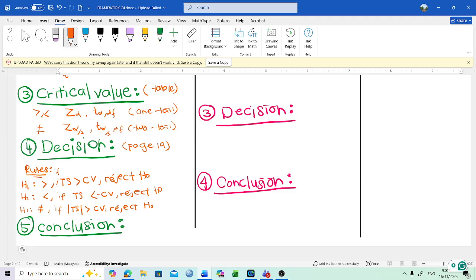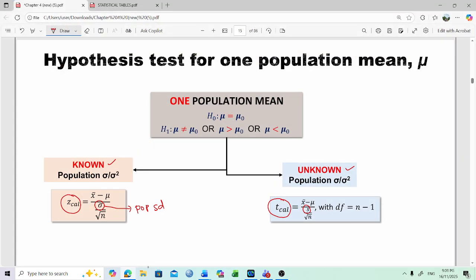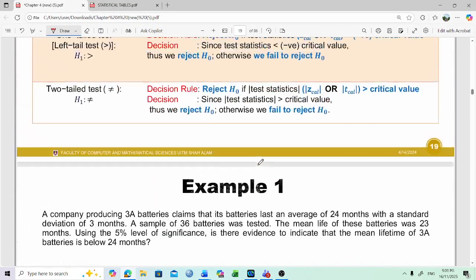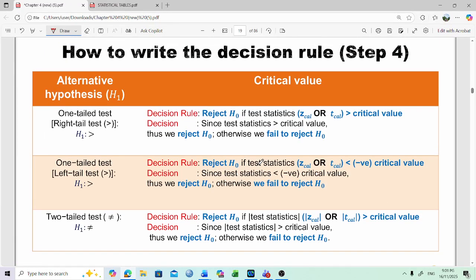So you have 3 different rules here depending on the symbol of the alternative hypothesis. You can refer to page 19 for further explanation. So this is page 19, how you want to make the decision.